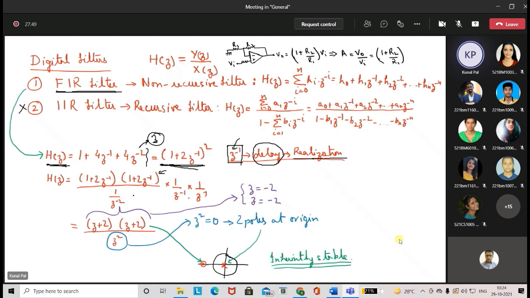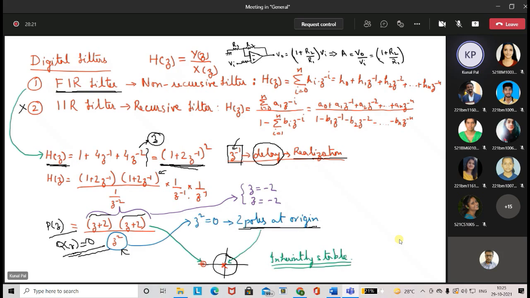When you do that, you get two components in the numerator, z plus 2 and z plus 2, and in the denominator you get z squared. So initially we get P(z) by Q(z). If you equate Q(z) equals 0, we get two poles at the origin.